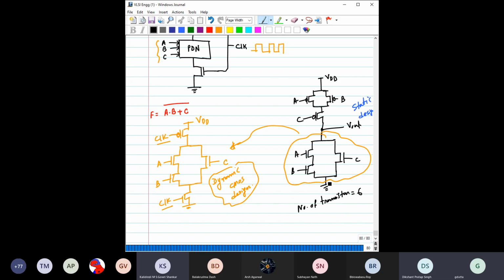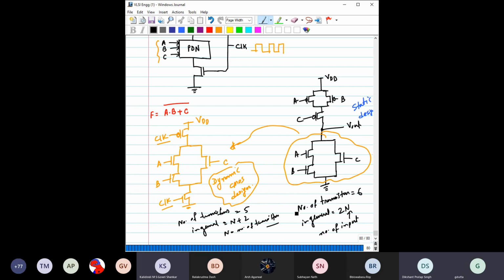So if you have two inputs, in general it is 2n, where n is the number of inputs. Whereas here in the dynamic design, the number of transistors is 4, in general n plus 2, where n is the number of inputs.